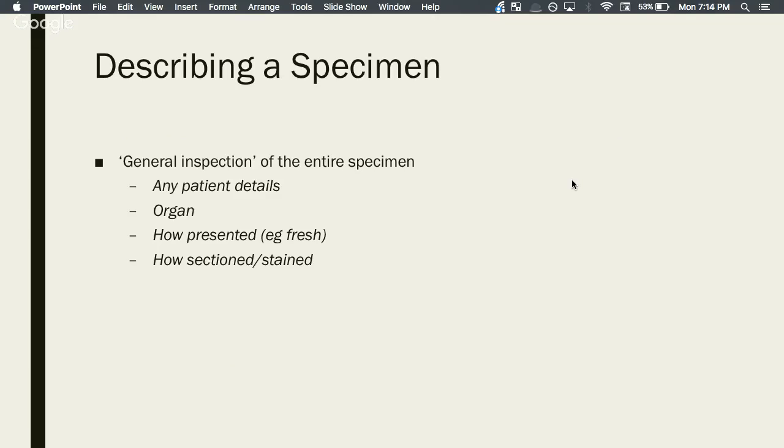So in terms of describing a specimen, you should come up with a structure to describe it. This is the one that our tutor taught us. One of my friends described it as starting large, going small. So first of all, you start really, really big. Any patient details, like Mr. X, and what organ it is, which is sometimes strangely hard.